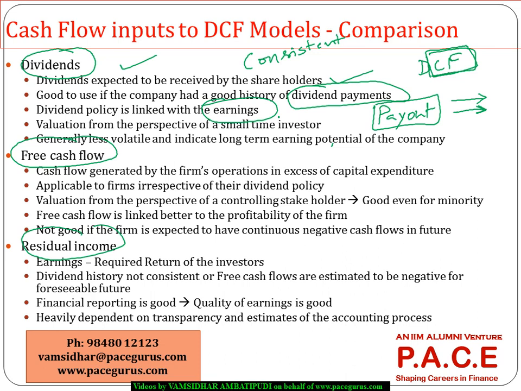Because we are heavily dependent on dividend as the input, and dividend is generally decided by the management but distributed even to a very minority shareholder, we can use this model quite effectively if the valuation is from the perspective of a minority or small time investor.